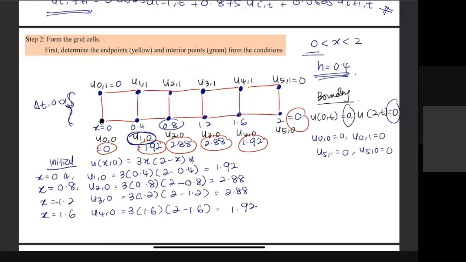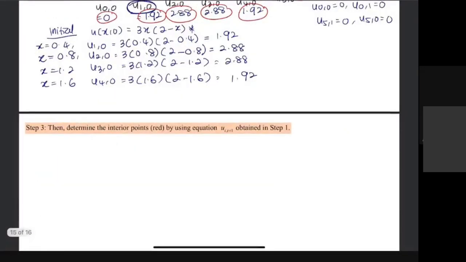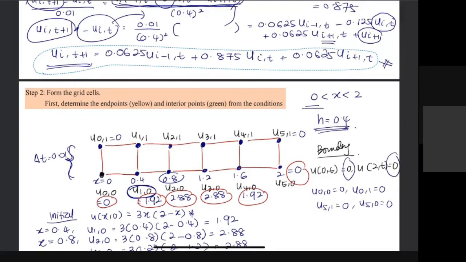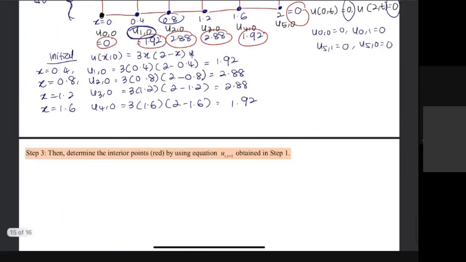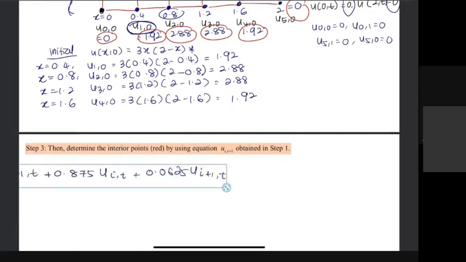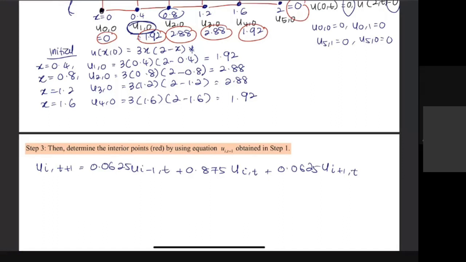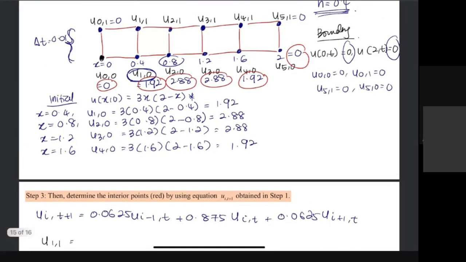So the last step is to find these points, U11 until U41. So we use the formula that you have calculated here. You must be very careful when you calculate the value for u i t plus 1. So we want to determine U11. Okay, you will use these 3 points.